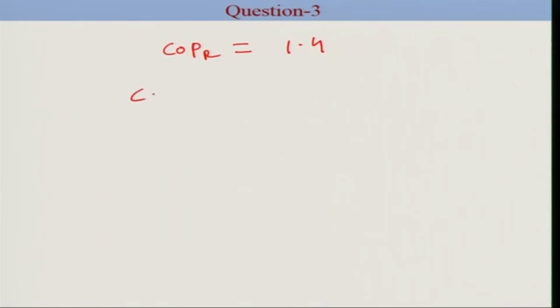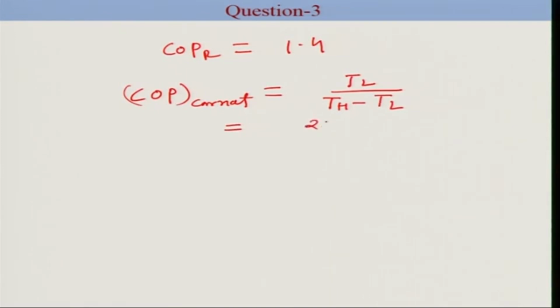Now the COP of the Carnot cycle. Now if this cycle operates on Carnot principle, then the COP will be equal to TL upon TH minus TL. Okay. So TL is given as minus 23 degree centigrade, which is 250 Kelvin, and TH is 25 degree centigrade, which is 298 Kelvin.